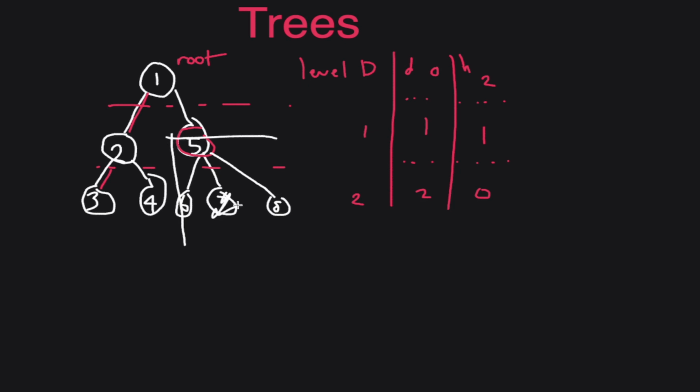But if this one wasn't here, then it wouldn't be complete. And it's also full because 5 has all of its potential children spots taken, so all 3, and then these ones have none. So there's no stuff like this going on. So this would also be perfect.